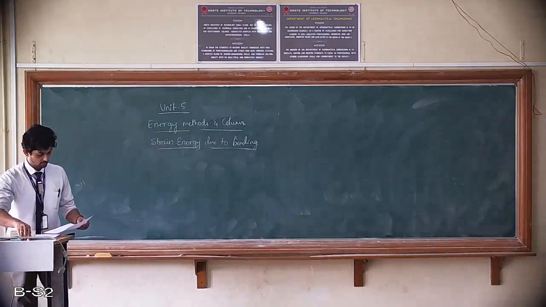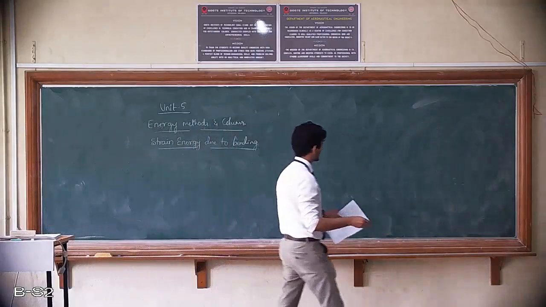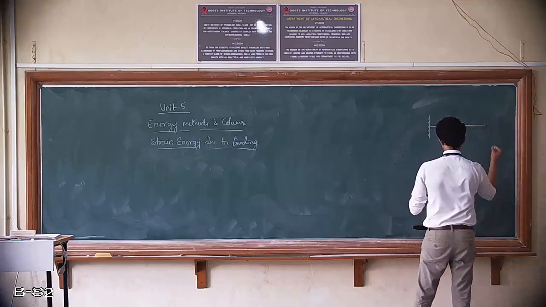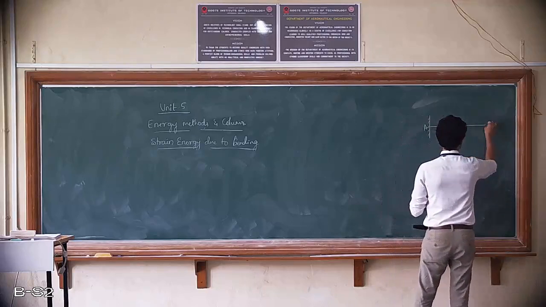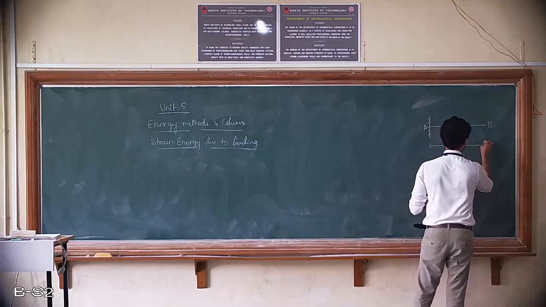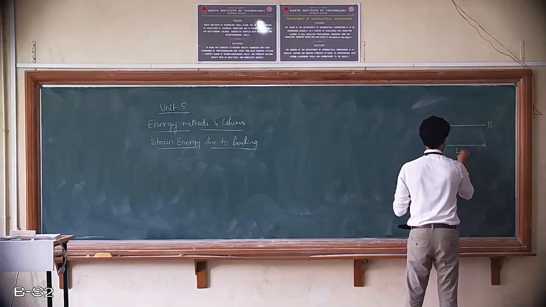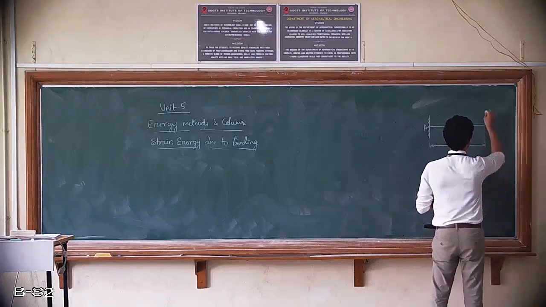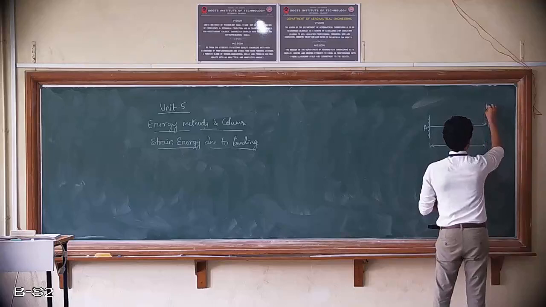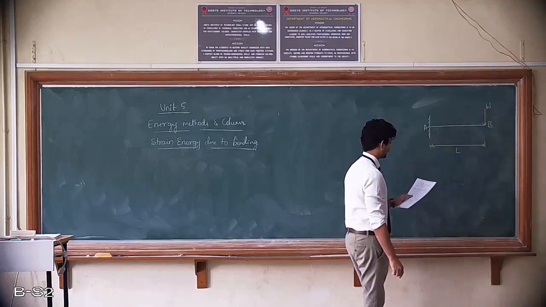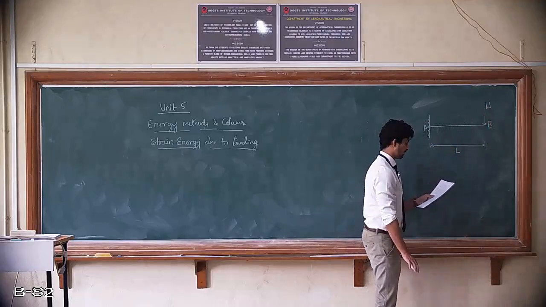A cantilever beam AB of length L is loaded with a point load W at its free end. Determine the strain energy of the beam, and also the deflection of the free end.